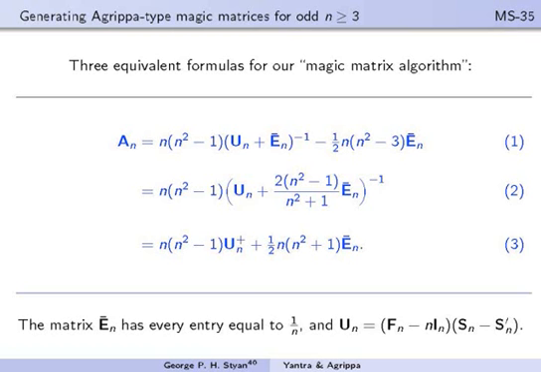And in Formula 3, we take the Moore-Penrose inverse of the singular matrix U_n, scale it and add the same number to every element. The matrix E bar n has every element equal to 1 over n, and U_n is this function of the one-step forward shift matrix.